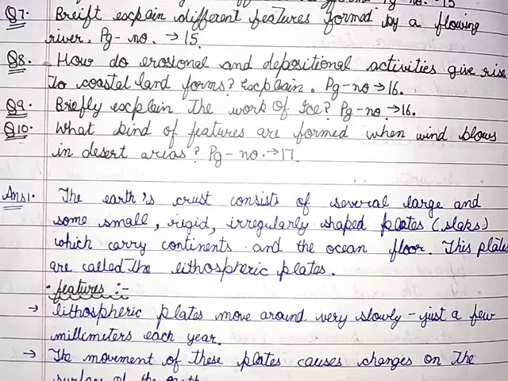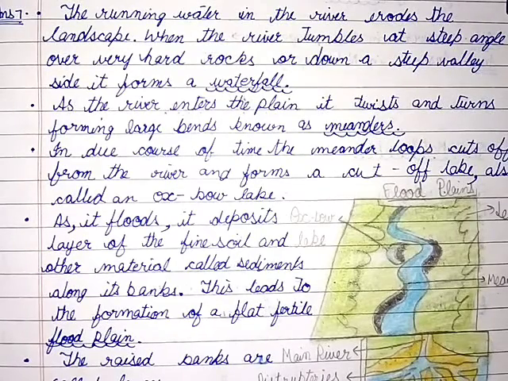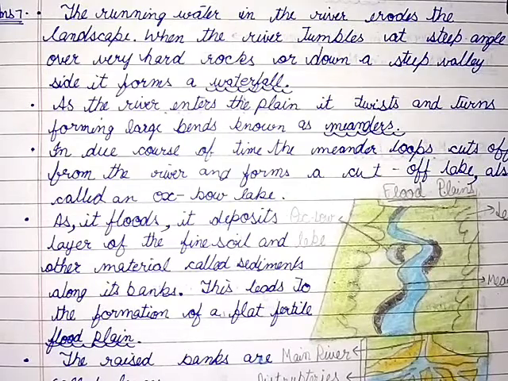Question number 7. Briefly explain different features formed by a flowing river. The running water in the river erodes the landscape. When the river tumbles at a steep angle over very hard rocks or down a steep valley side, it forms a waterfall. As the river enters the plain, it twists and turns, forming large bends known as meanders.